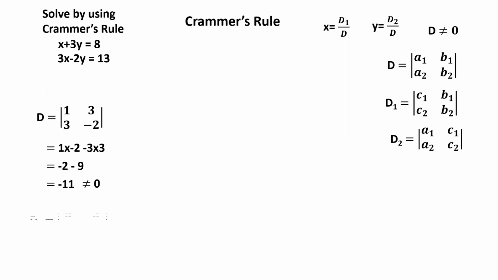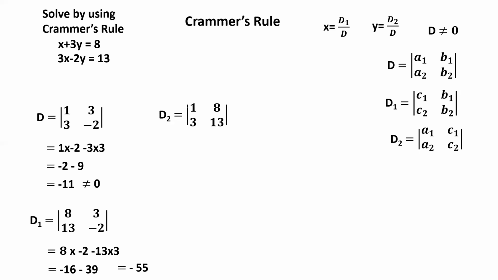So now let's get d1. I told you in d1 we should replace the coefficients of x by the constants, that is 8 and 13. Look closely: I have replaced 1, 3 by 8 and 13, and the rest, 3, minus 2, is the same. The determinant is 8 times minus 2 minus 13 times 3, so that is minus 16 minus 39, which is equal to minus 55.